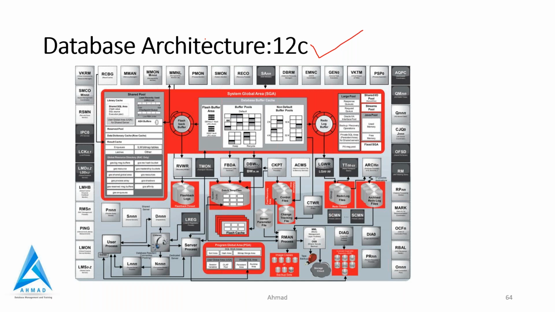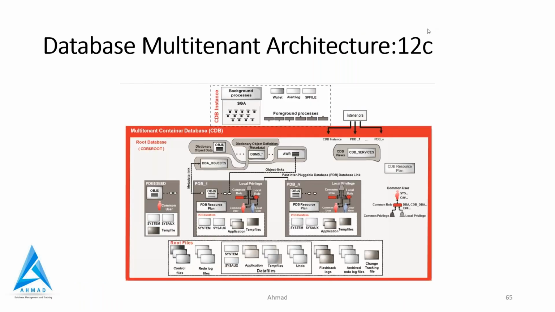Okay. So in database 12c, there was a very drastic change. And what is the drastic change? The multitenant architecture of 12c. That multitenant architecture is based on a CDB. If you see the CDB, there is the CDB root, and you have PDB$SEED, and you have PDB1, PDB2, PDB3, up to PDBN.